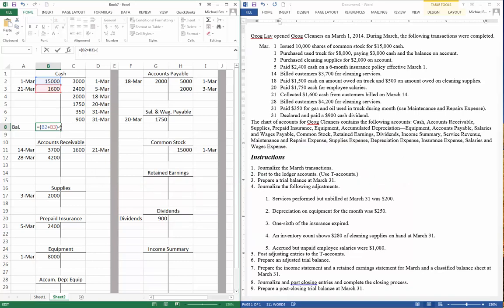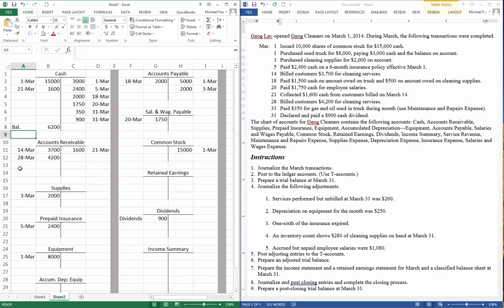Minus the credit side. So we're going to come up with a balance of 6,200. And then I'm going to do that for each of these.